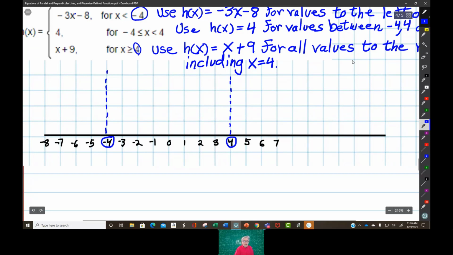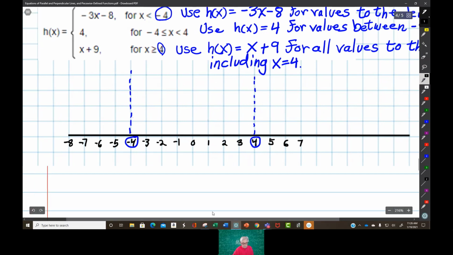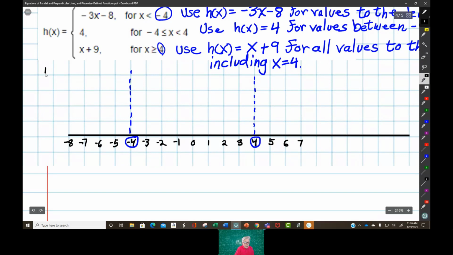Now, this graph is going to be broken up in this way. H of x equals -3x minus 8.